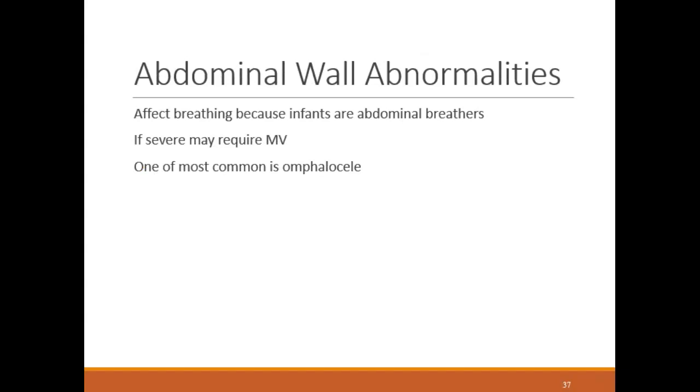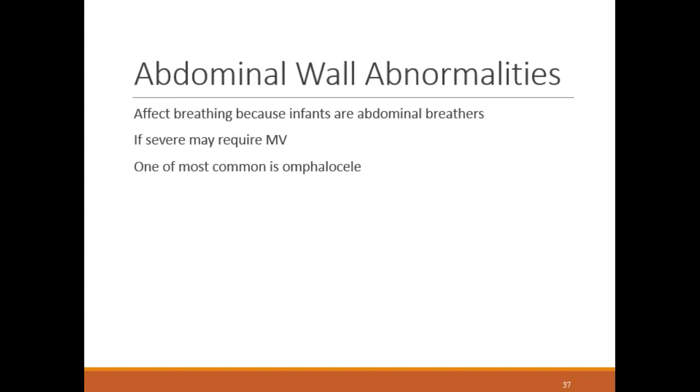Abdominal wall abnormalities. Most babies are primary abdominal breathers, so any abdominal wall abnormality is going to affect the respiratory system as well. Any large defects to the abdominal wall can cause severe respiratory distress and need mechanical ventilation. The most common one of these is your omphalocele.